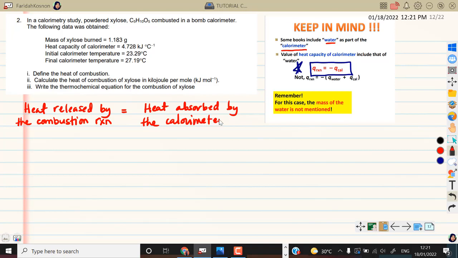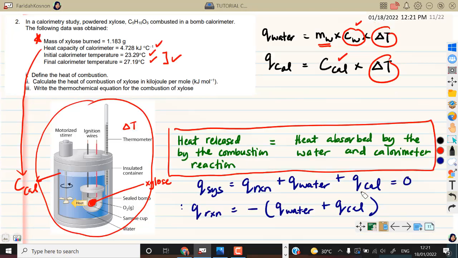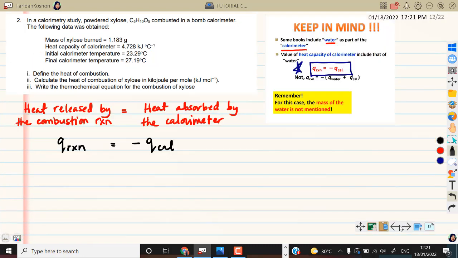So how we are going to calculate? It is equals to, here is Q reaction, equals to negative Q calorimeter. Kenapa ada negatif kat depan? Sebab saya dah ajar ni tadi. Firstly, kita anggap dia isolated system lah. Susun balik. Alright. Okay.